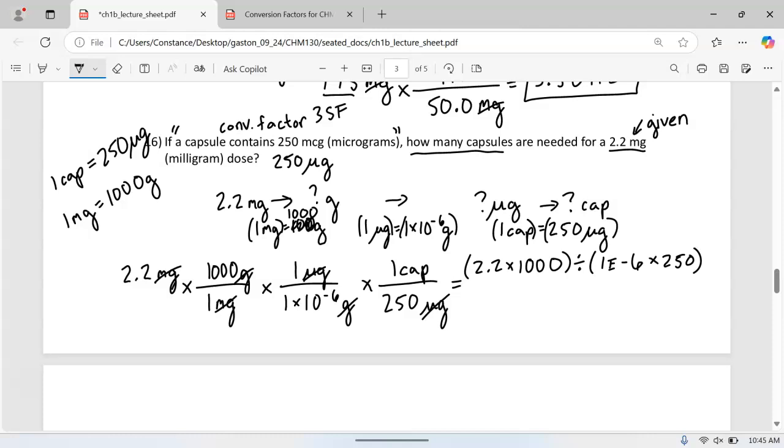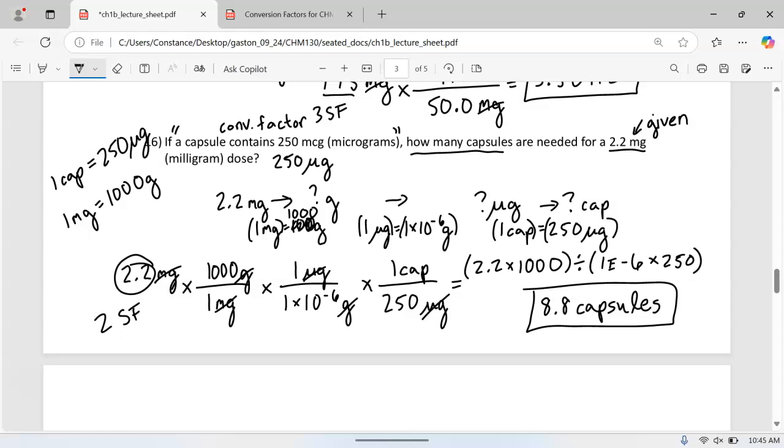Okay, so with all that, I should get back 8.8 capsules. And I am using 2 sig figs because that 2.2 number that we started out with is 2 sig figs. Okay, so rounding this, you should get 8.8 as 2 sig figs.